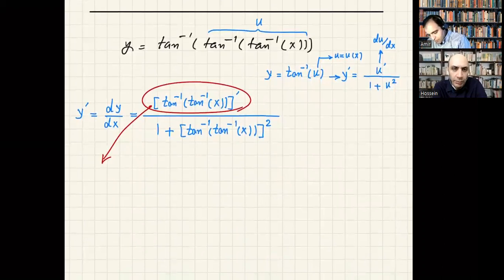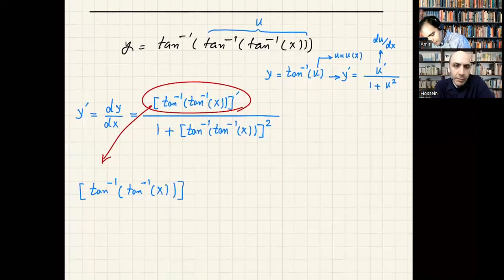So the derivative of arctangent of x. Again, we can use this relation here. This time we can call this u. Do you want to use another variable just to avoid confusion?